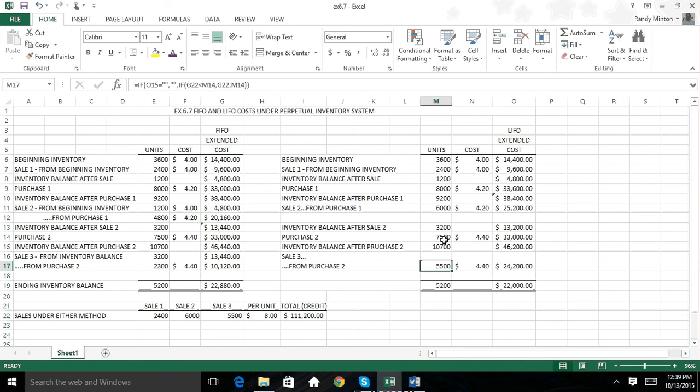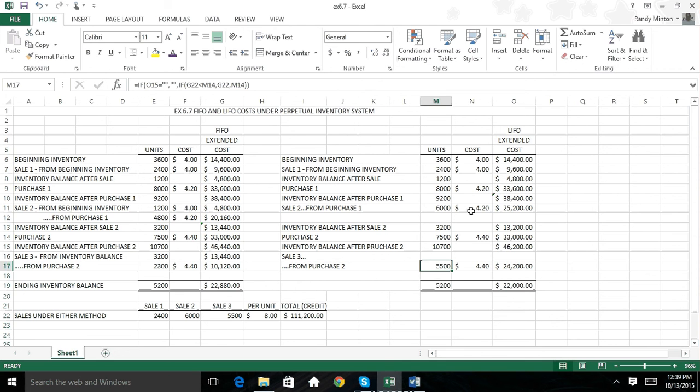So thinking about it in another way, what is left in the ending inventory of these 5,200 units for the LIFO method?